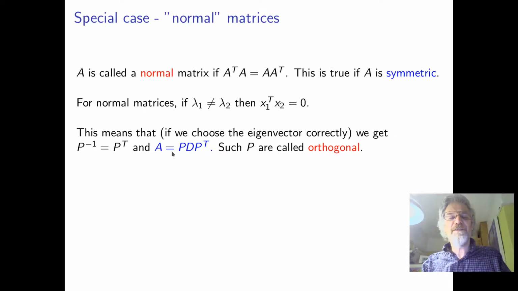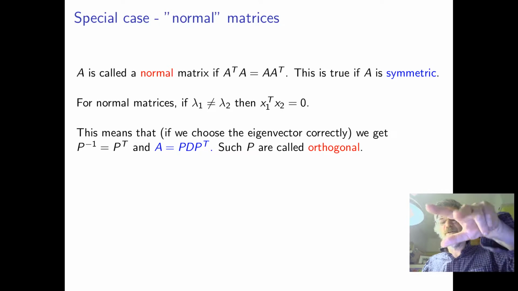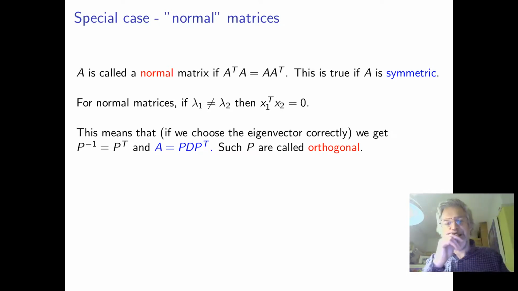So in that case we can diagonalize just using an orthogonal matrix. In fact, you can think of these orthogonal matrices as rotations and reflections rather than scaling things, because they just rotate the standard x, y, z axes to a different set of orthogonal, length 1 axes.